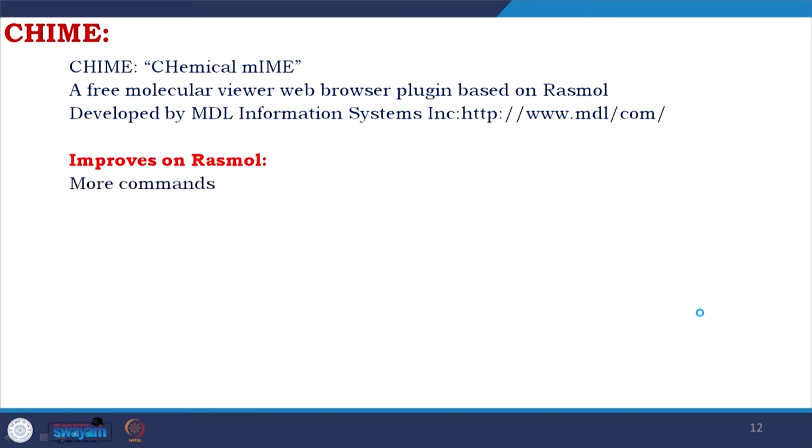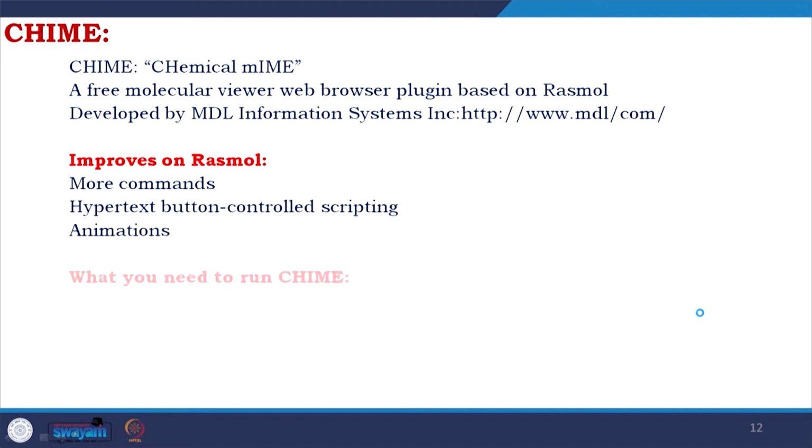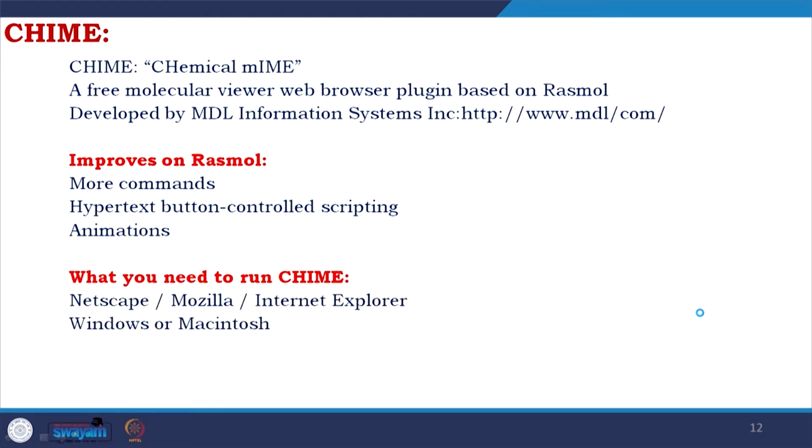It makes improvements on RasMol, having more commands, meaning more functionality, hypertext button control scripting, animations, and for running Chime what you need is Netscape, Mozilla, Internet Explorer, Windows or Macintosh, a web page designed to use Chime and a PDB file.